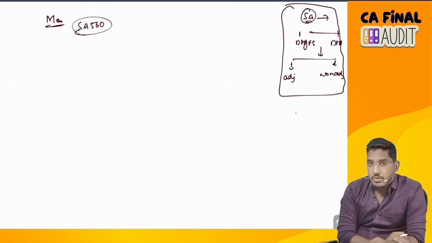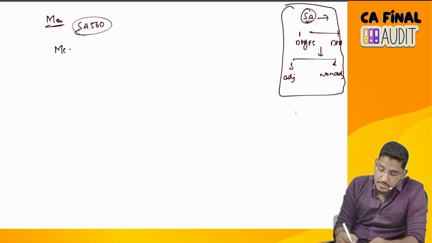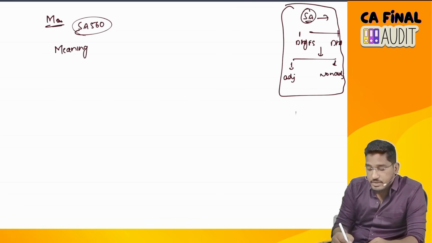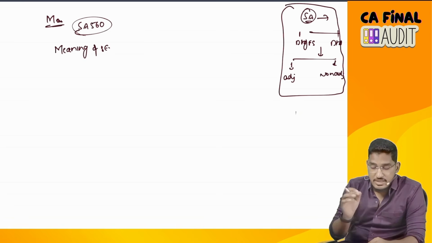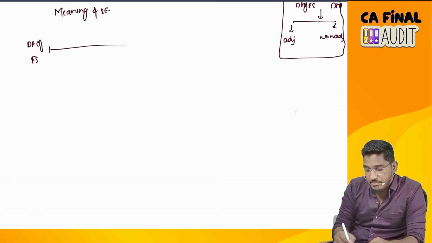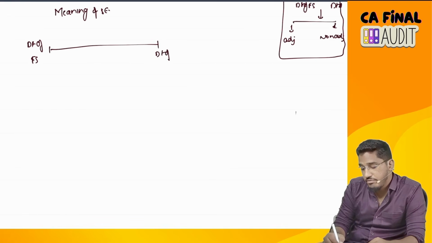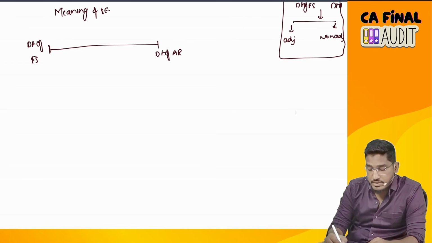Before we talk about subsequent events and the auditor's responsibility, first we should know the meaning of subsequent event as per SA 560. The standard defines it like this: subsequent events are those events happening between the date of the financial statements and the date of the auditor's report.